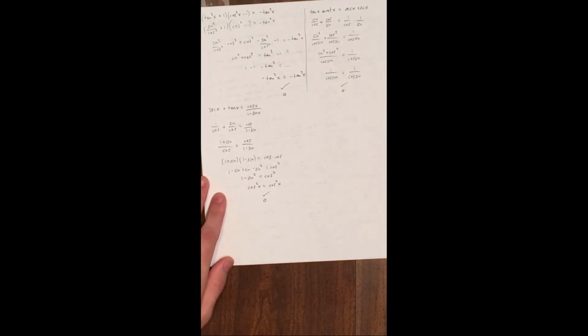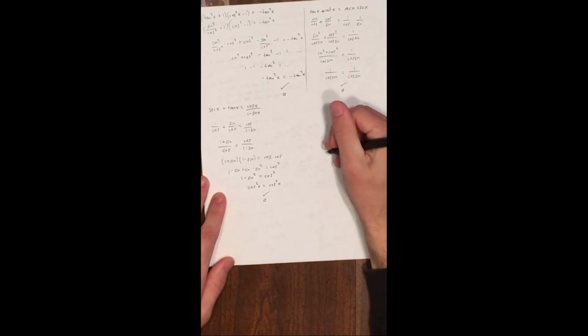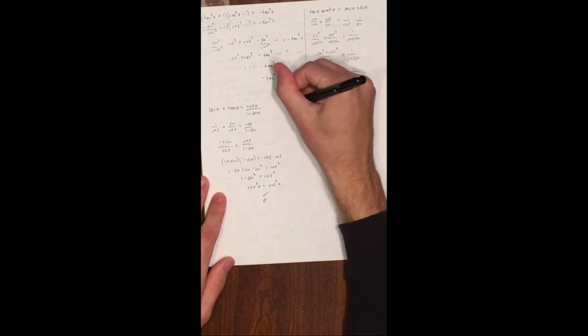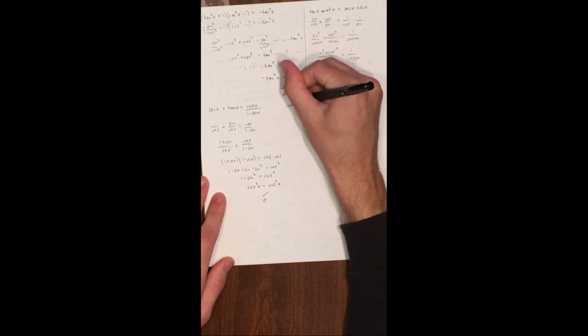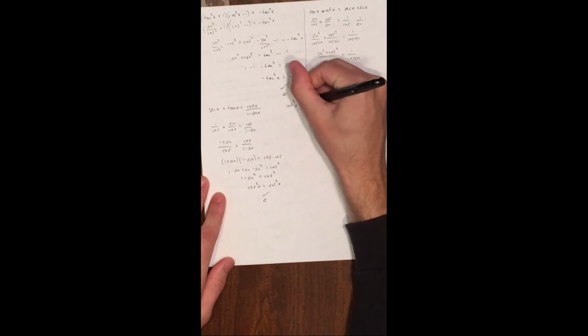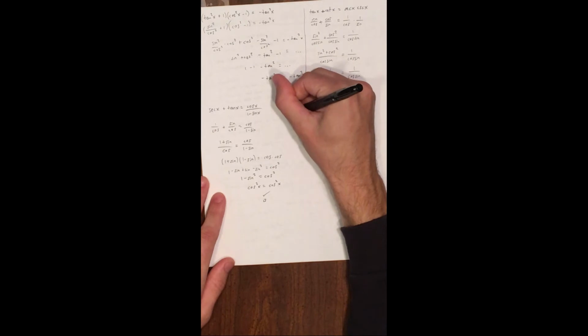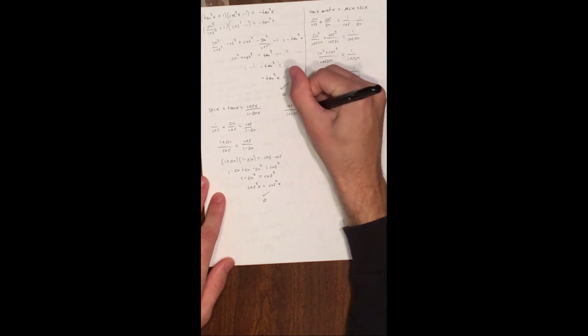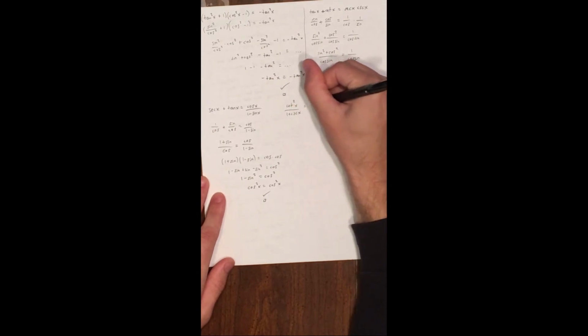Okay, so now we're going to look at 4 more problems. These are going to be all a little bit different because we're going to have some higher powers of sine, cosine, and tangent, and so on. Okay, so we have the first problem here.